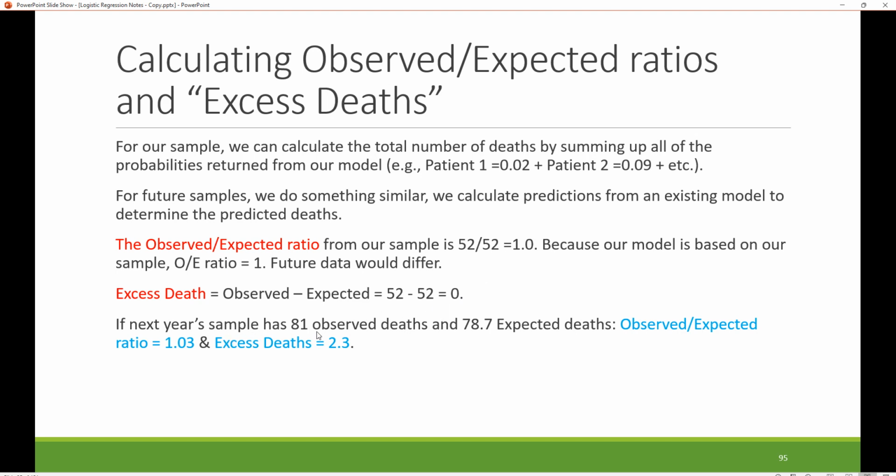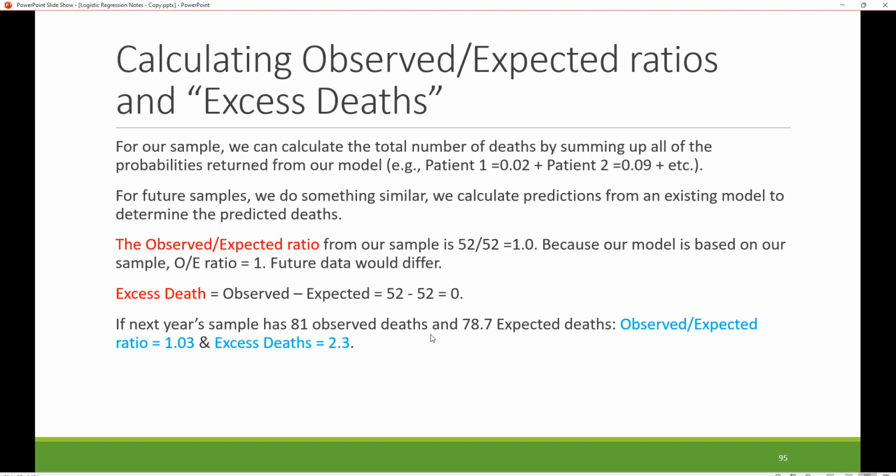If next year's sample is a future data set and has 81 observed deaths and 78.7 expected deaths, the observed expected ratio equals 1.03. That's 81 divided by 78.7. And excess deaths equals 2.3.